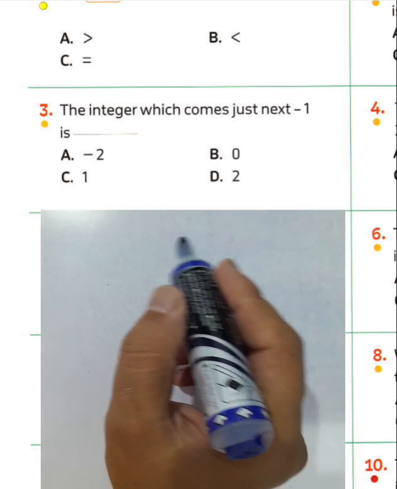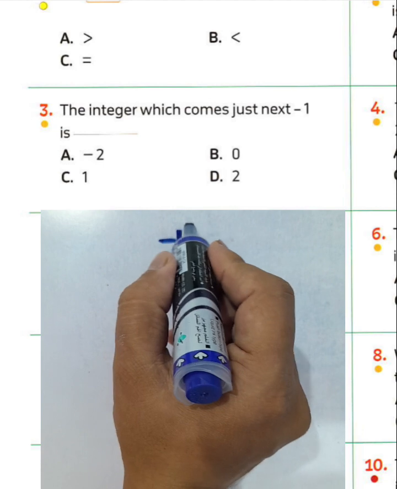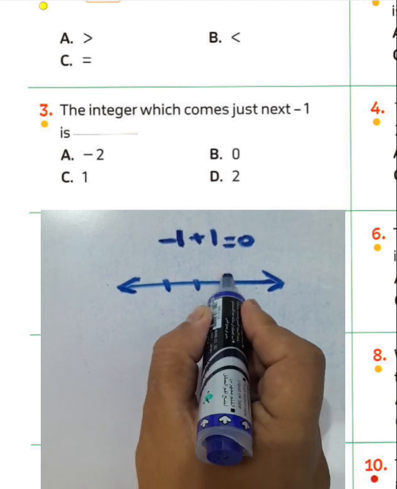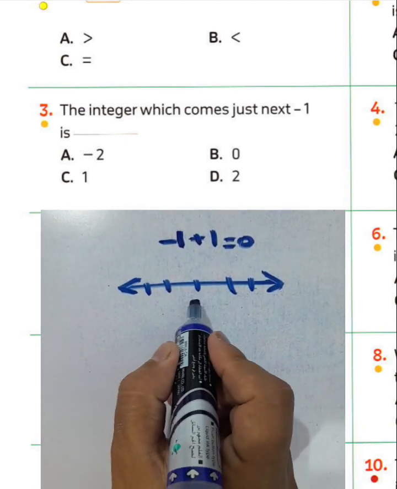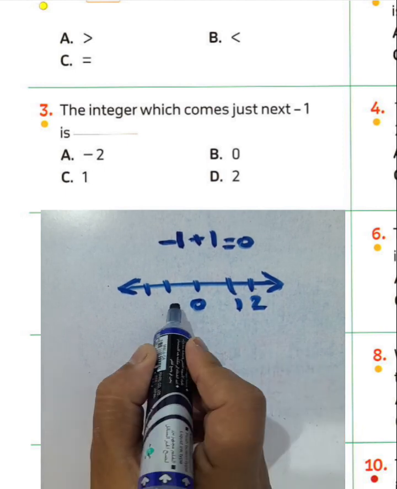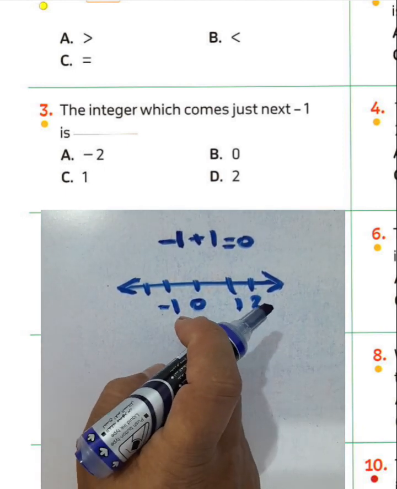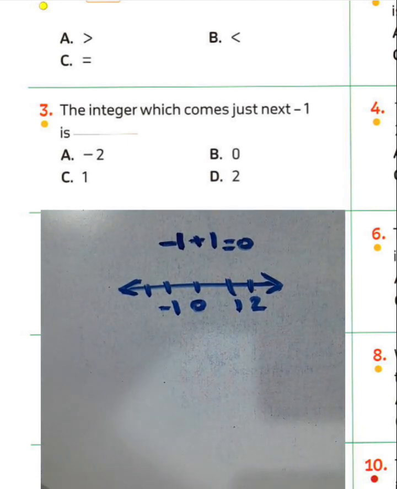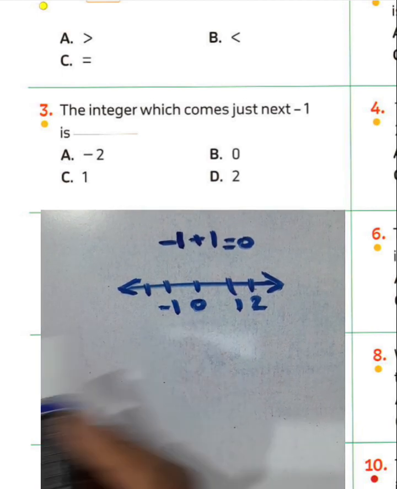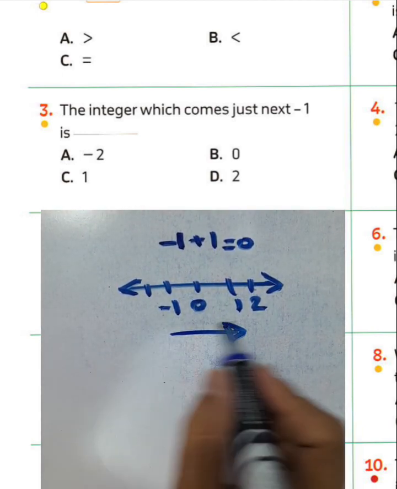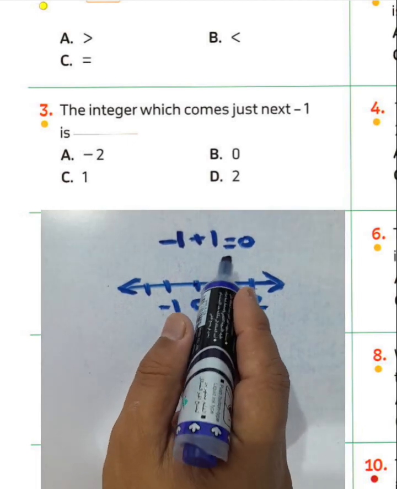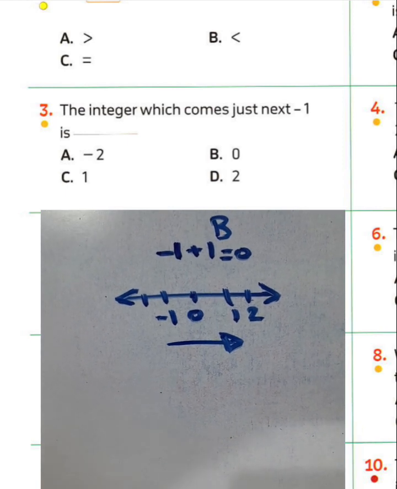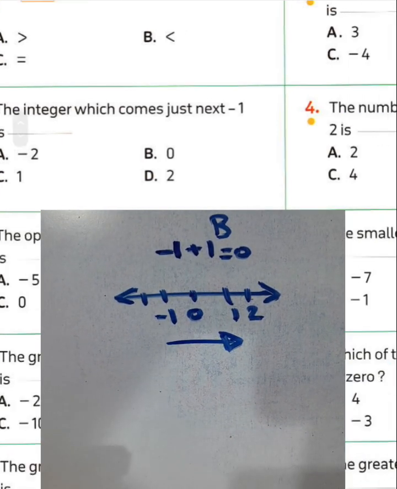Just next means adding 1: -1 plus 1 is 0. On the number line we have a lot of integers: 0, 1, 2, and here -1. 0 comes just after -1. Next means to the right-hand side. Then the result will be letter B. Choose letter B for question 3.